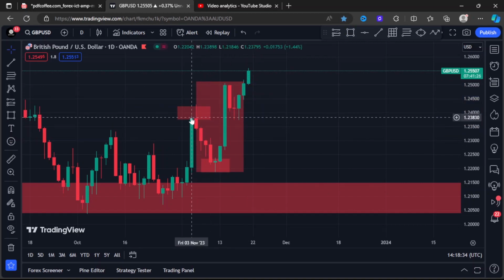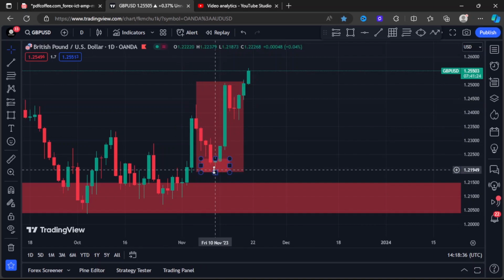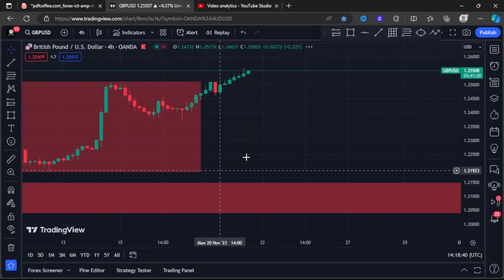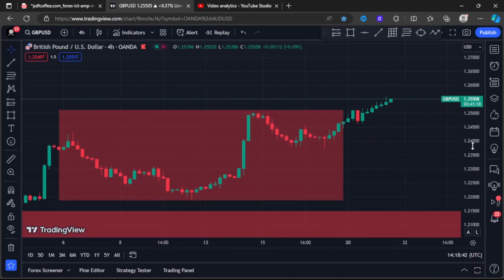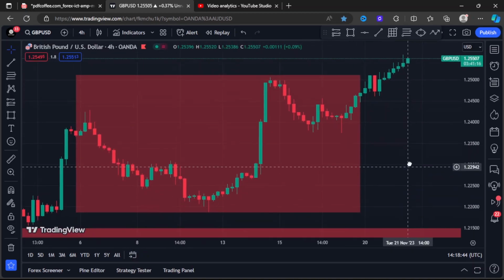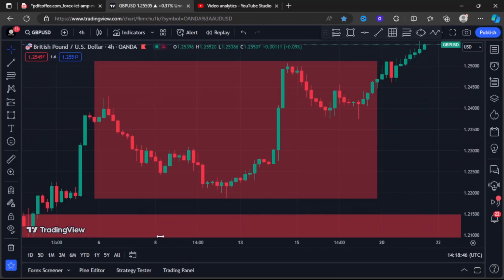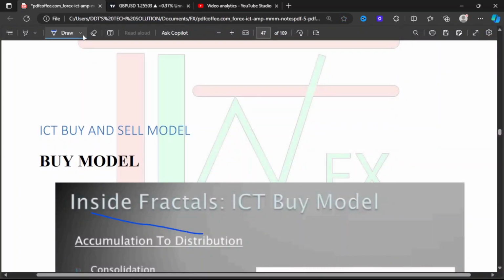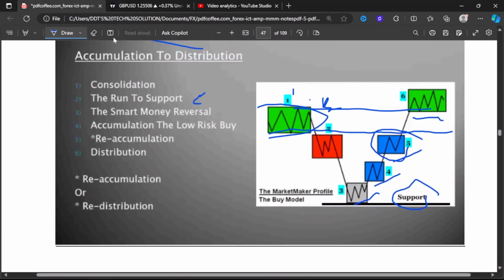So it works perfectly. Alright, let's continue. I'll move up to the forward time frame so we can clearly understand this perfectly, and I'll move back to my model.